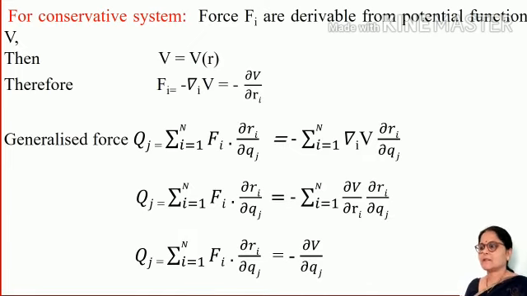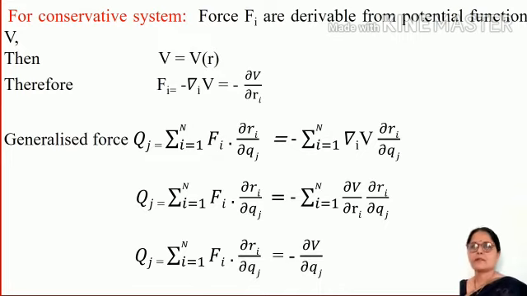For a conservative system, forces Fi are derivable, then V is equal to V(r). Therefore, Fi is equal to minus del i V, which is minus dV/dri.